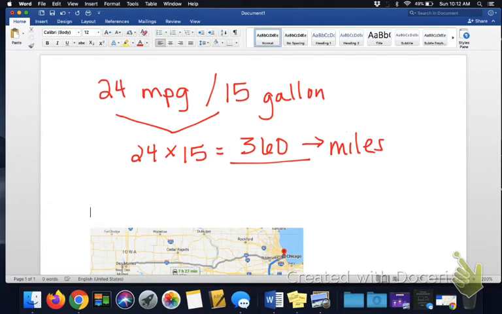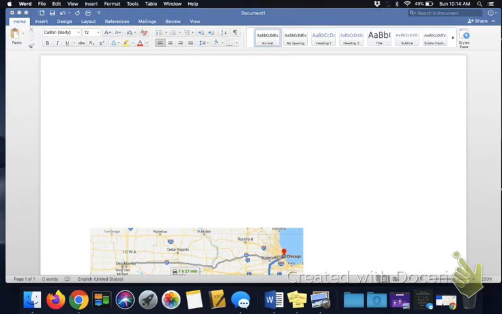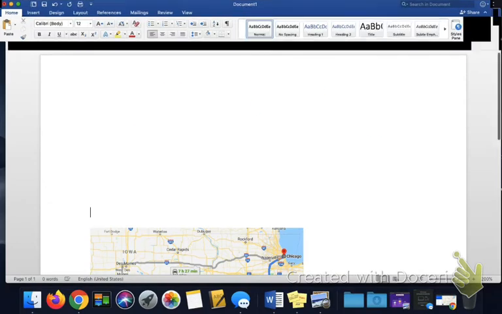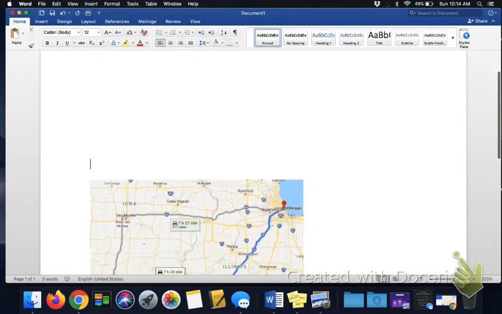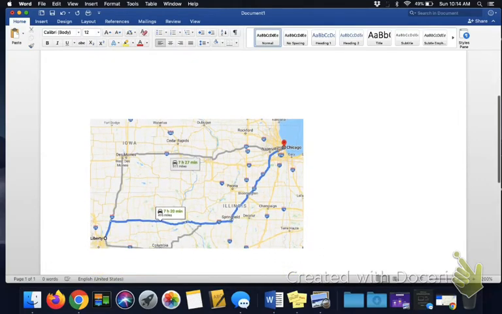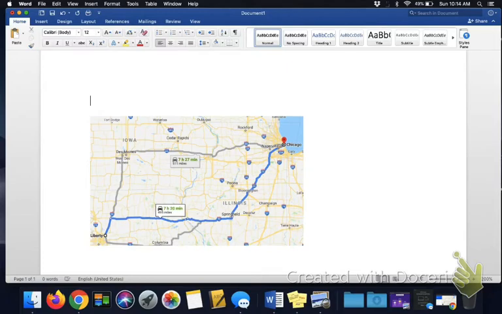So what we're going to do next is take a peek. I just did from Chicago to Liberty. I just wanted to have an example for you guys. So if you look at this map, from Chicago to Liberty is 495 miles, it says on this map.